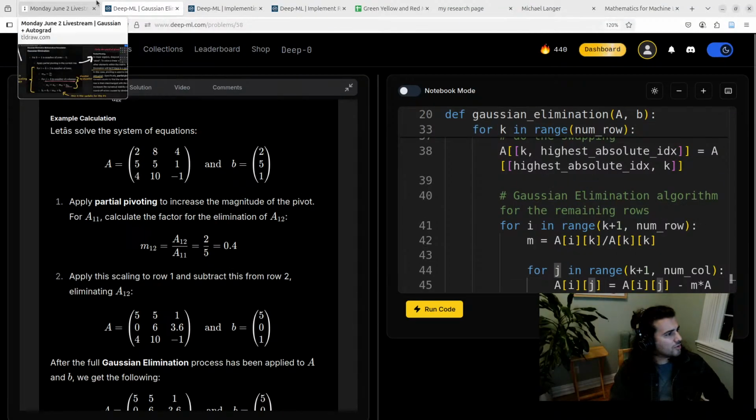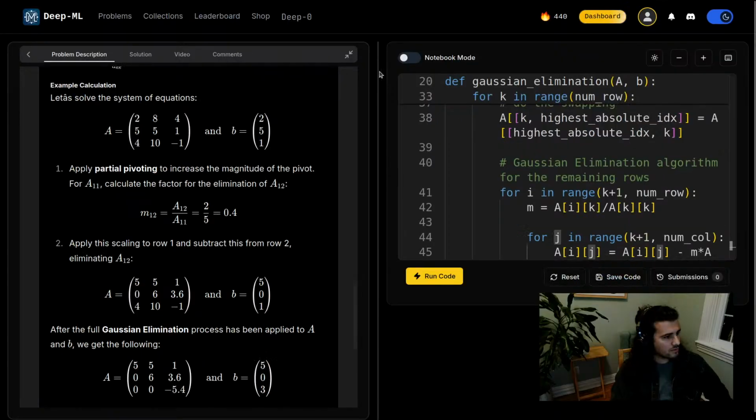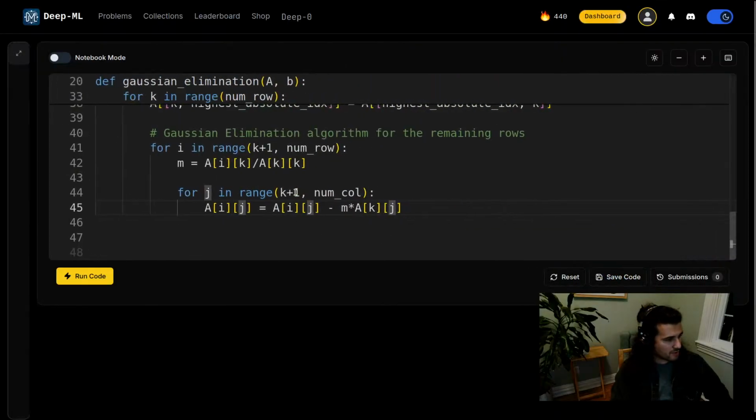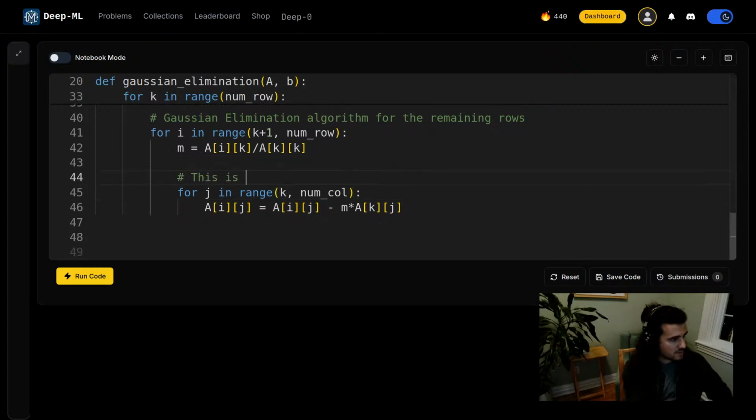Oh, no. Wait. No, I'm just stupid. Because we need to go through the column like this. Okay, yeah, cool. Sorry, I just had a brain fart here. This is fine, because this is modifying every element in the row.